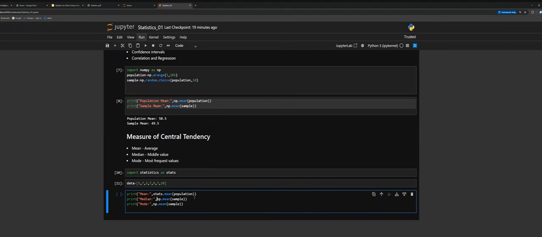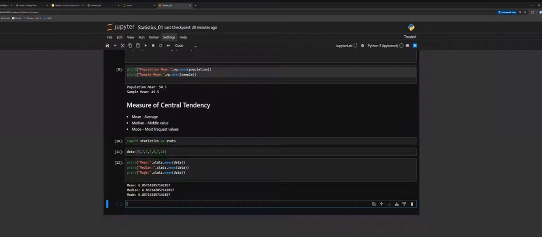Stats dot mean, and here I have to change it to data, that is my variable. I'll run this. Let's see the results. So what is my mean?